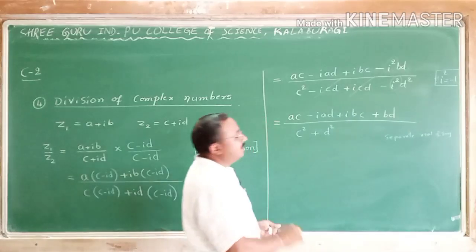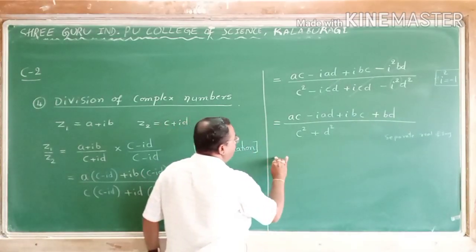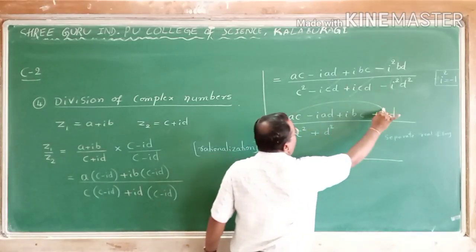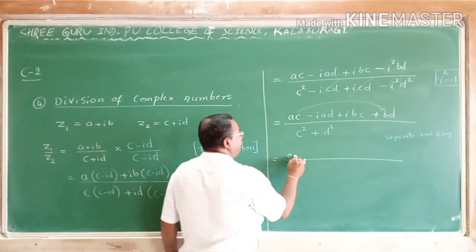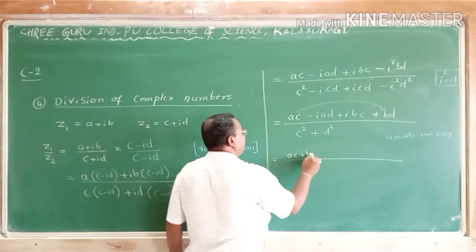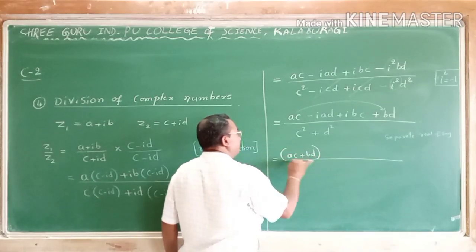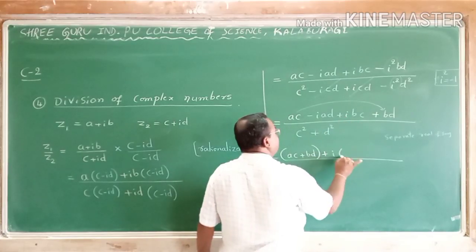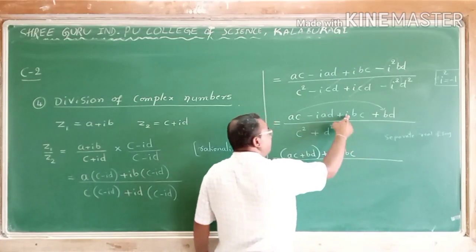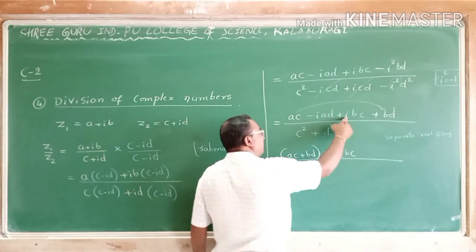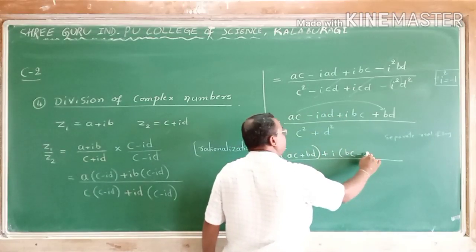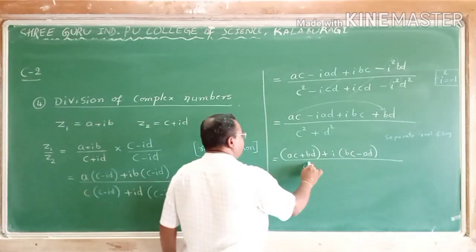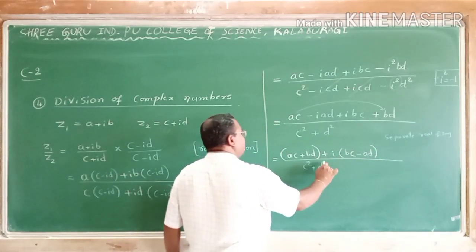Separate real and imaginary. Real is ac plus bd, plus i taking common, bc minus ad. Denominator: c squared plus d squared.